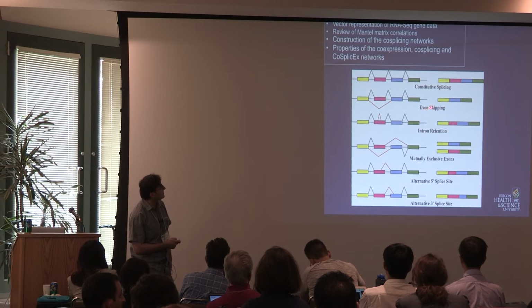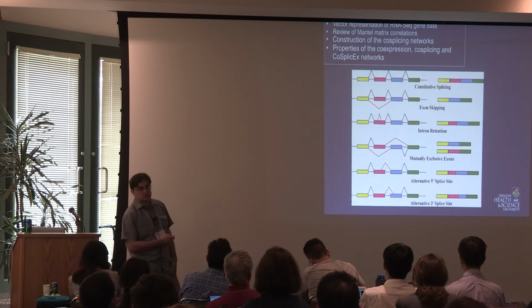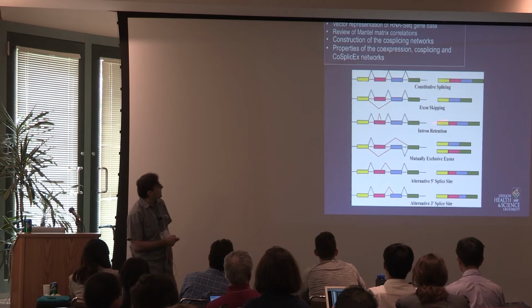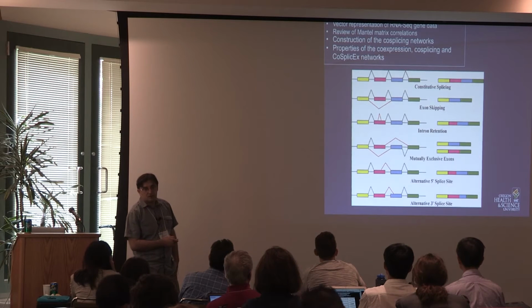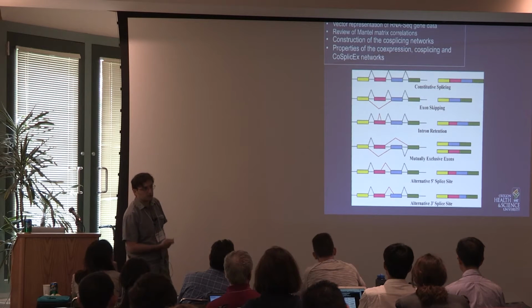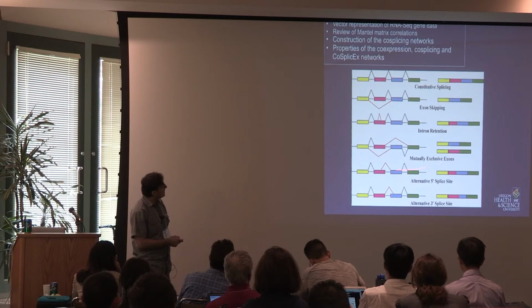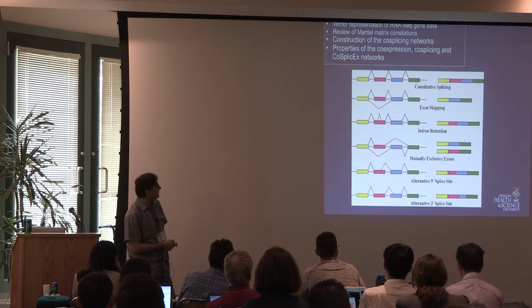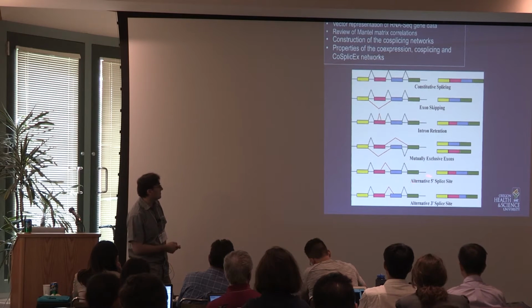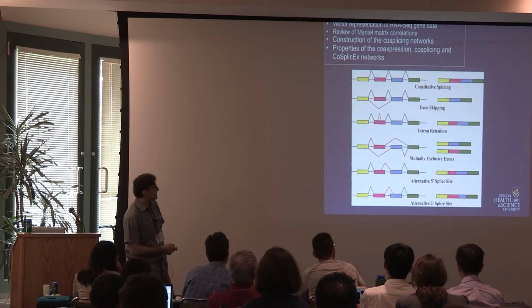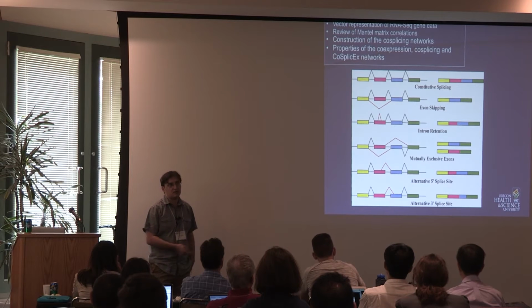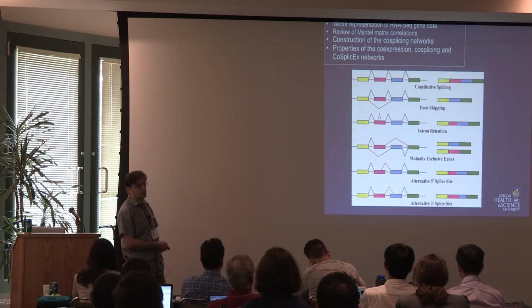An exon can be skipped, so you produce the same gene but without that particular exon. Or you can keep an intron, and then the intron becomes part of the protein at the end. Then there are more variations on this theme. You can have mutually exclusive exons, or alternative splice sites, and this is just scratching the surface. So there are many variations on producing a protein.